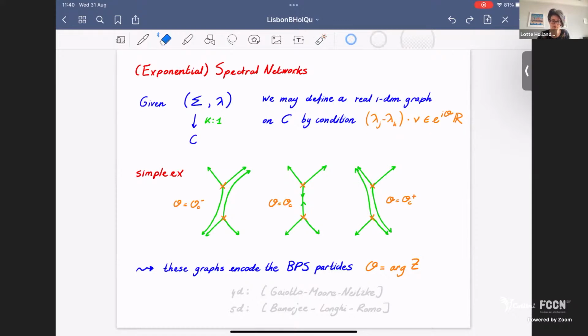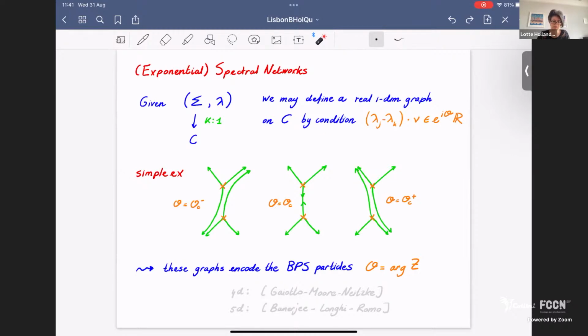We can restrict lambda to the j-th sheet of the covering, and subtract lambda restricted to the k-th sheet of the covering, so that this object is still a one-form. Suppose that we draw a one-dimensional curve on C, which has a tangent vector v. Then this curve is part of the spectral network if the contraction of lambda_j minus lambda_k with this tangent vector has a certain phase theta.